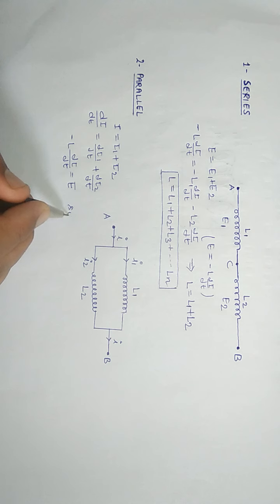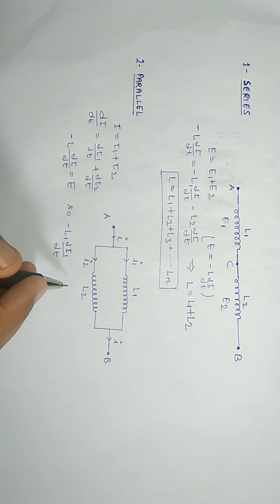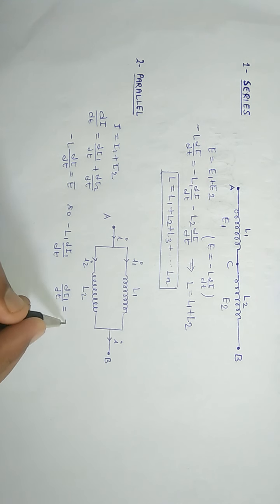So minus L1 di1 upon dt is equal to E, or di1 upon dt is equal to minus E upon L1.